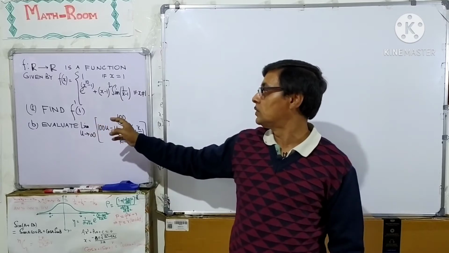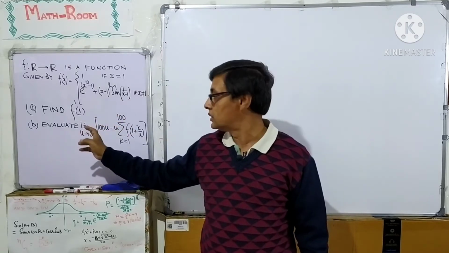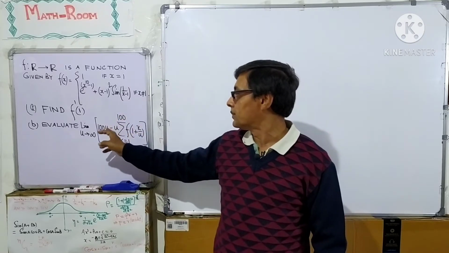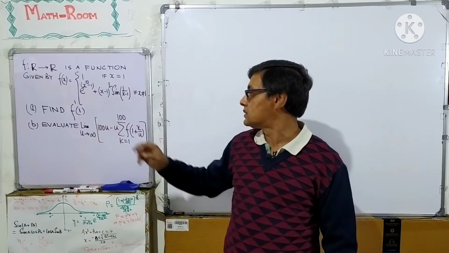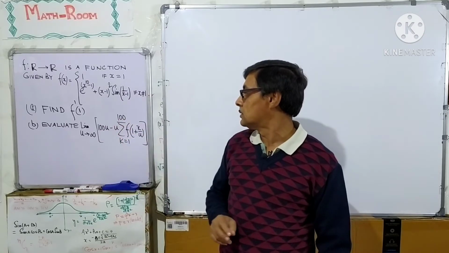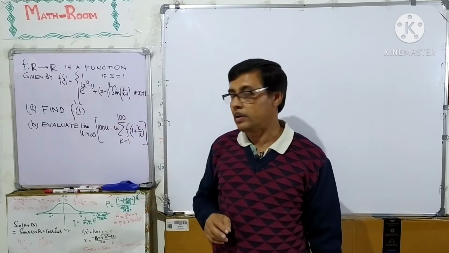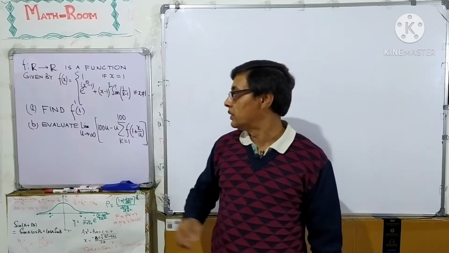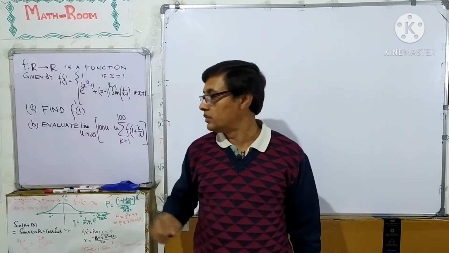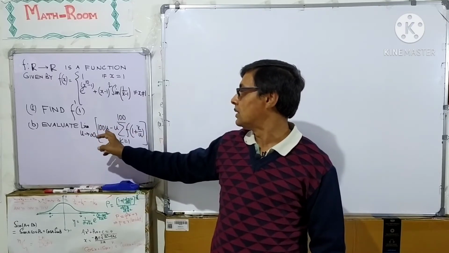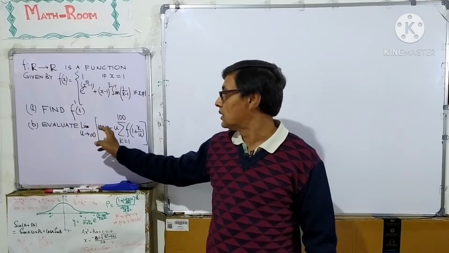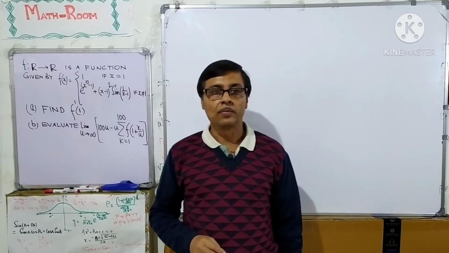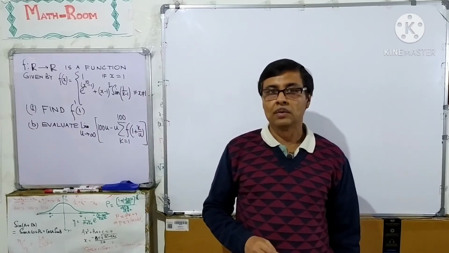And next we have to evaluate this limit: the limit as u tends to infinity of 100u minus u times the summation from k = 1 to 100 of f(1 + k/u). We have to evaluate this limit. Now let us start.